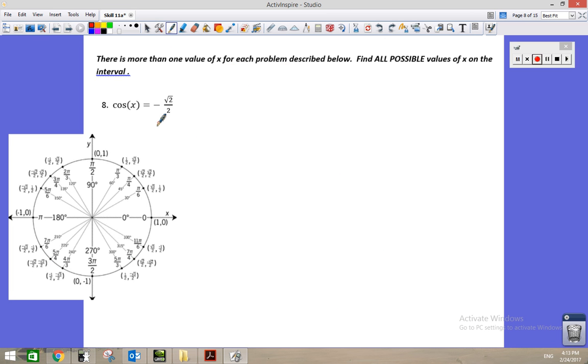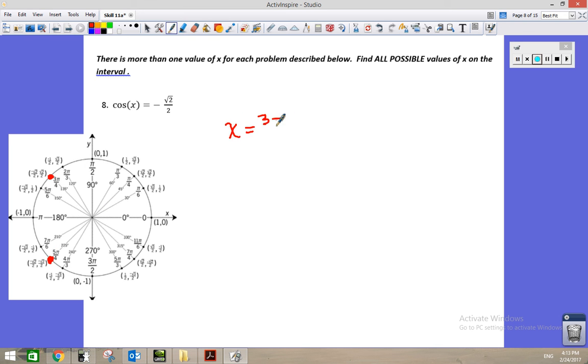So, infinitely many x's solve this equation. I'm looking on the unit circle for x coordinates that are negative radical 2 over 2. X is negative in quadrants 2 and 3. The points of interest are here and here, at 3 pi over 4 and at 5 pi over 4. So I can write infinitely many solutions to this.